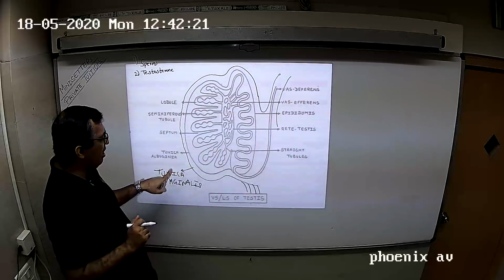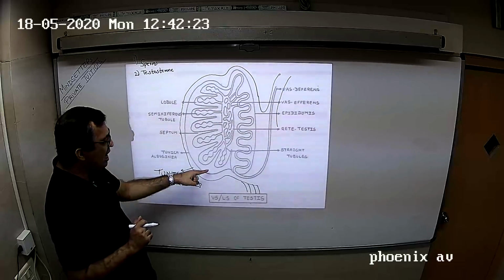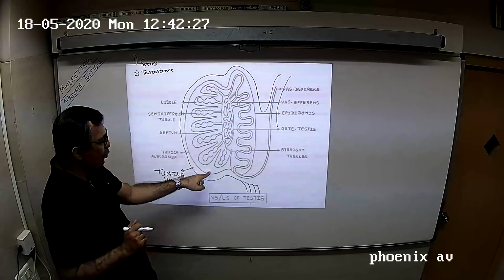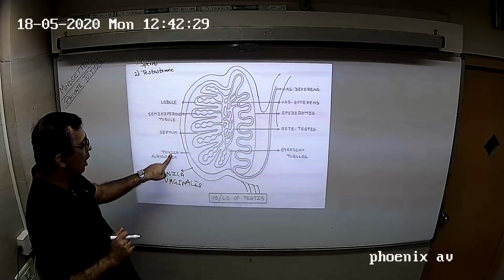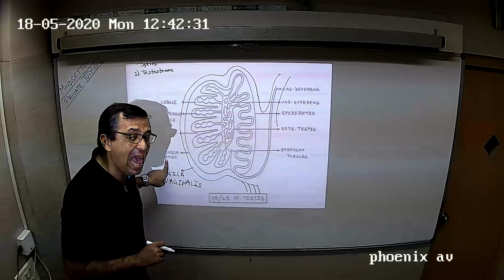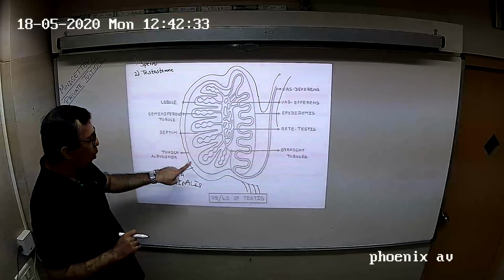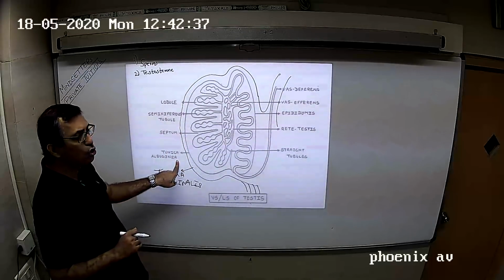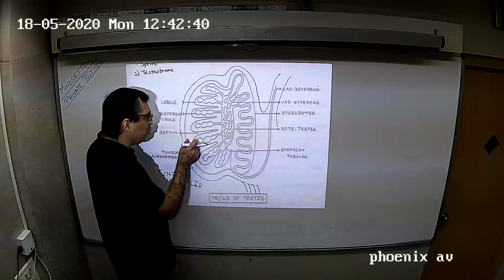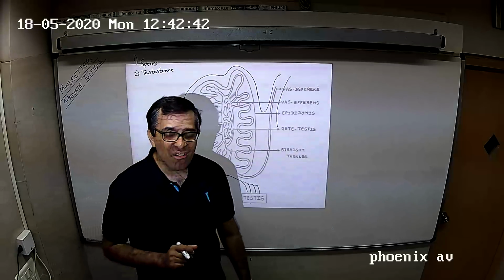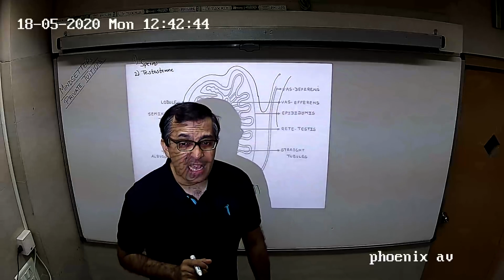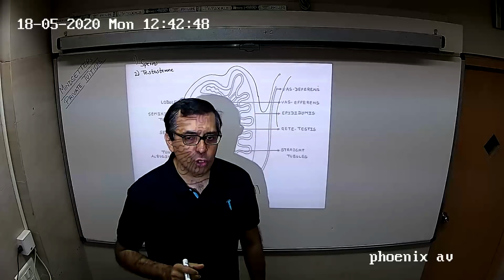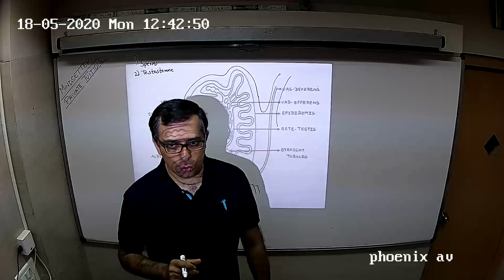Underneath the tunica vaginalis is a thick capsule. That capsule is called the tunica albuginea. So what is the capsule called? Tunica albuginea. Tunica albuginea is made of white fibrous connective tissue. White fibrous connective tissue is a hard tissue.